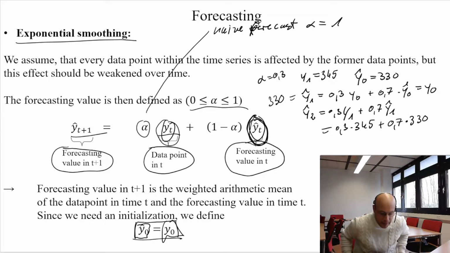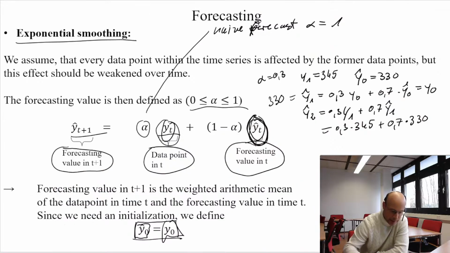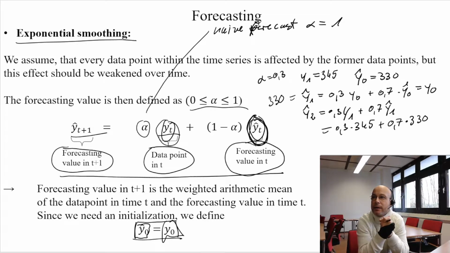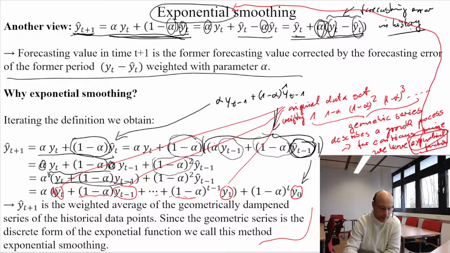And I also explained to you why we call this method exponential smoothing, and the reason is that if we start to iterate this definition of exponential smoothing, so we start to insert for this data point the former forecasted value, and iterate this backwards until the starting point of our data series.